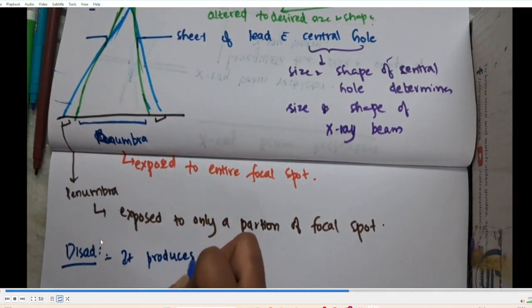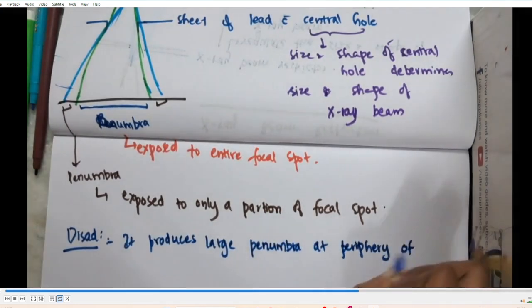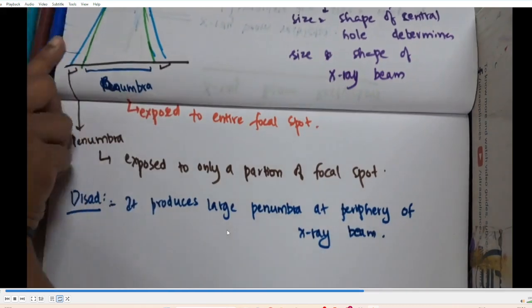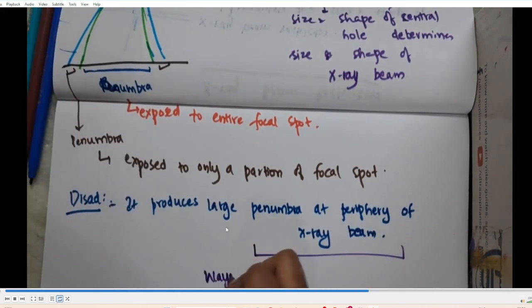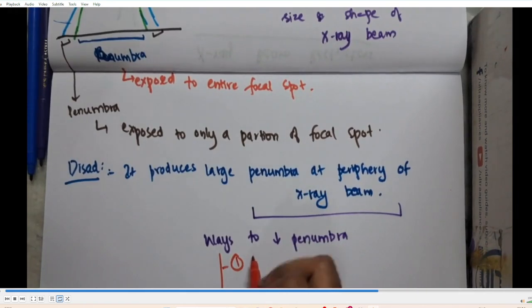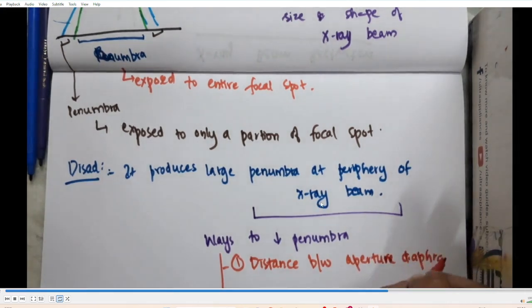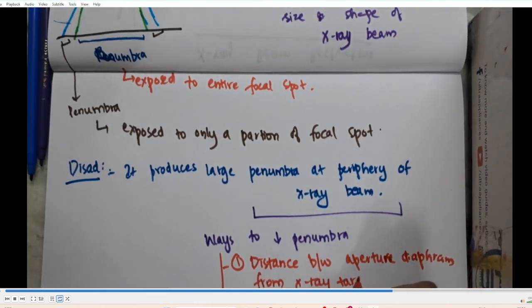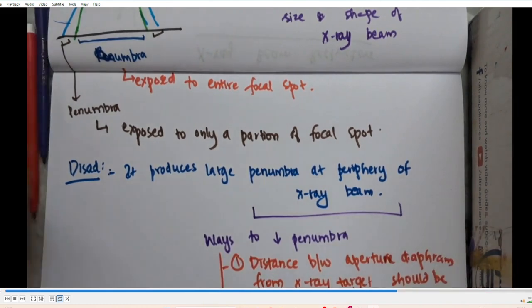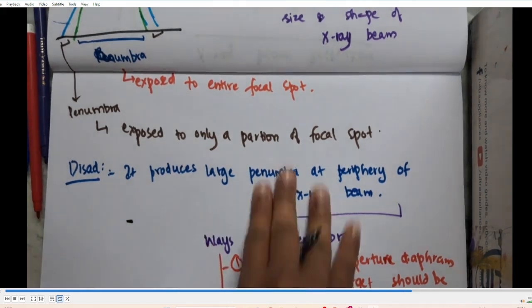The width of the penumbra is reduced, first, by positioning the aperture diaphragm as far away from the X-ray target as possible, and second, by attaching a diaphragm at the end of the cone.